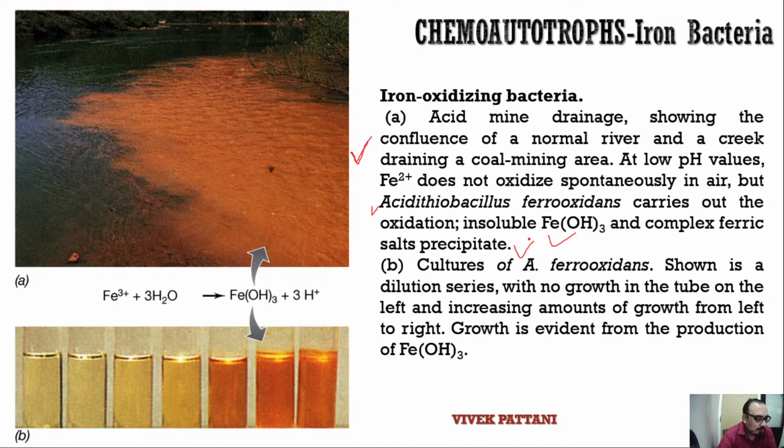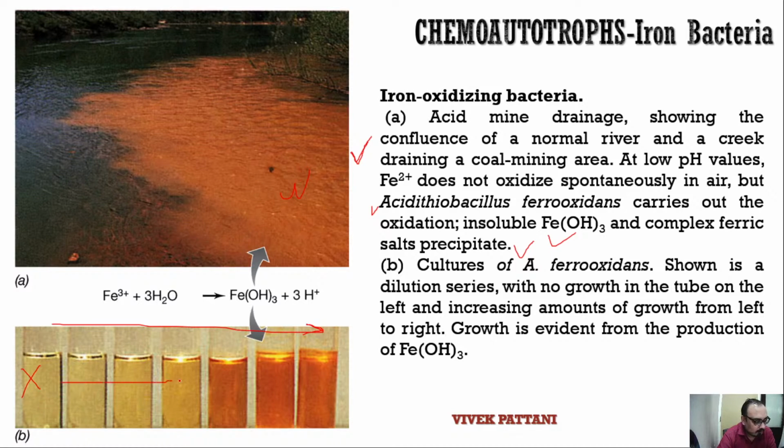They are precipitated, giving rise to a red coloration. When these cultures of Acidithiobacillus ferrooxidans are shown in a dilution series, there is no growth in the tube on the left; you can see it is clear.